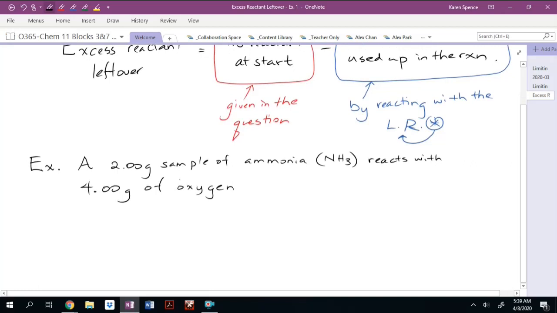Okay, and hopefully you remember that oxygen is a little bit special because it is not just O, but O2. Okay, so they react together according to the following unbalanced reaction.